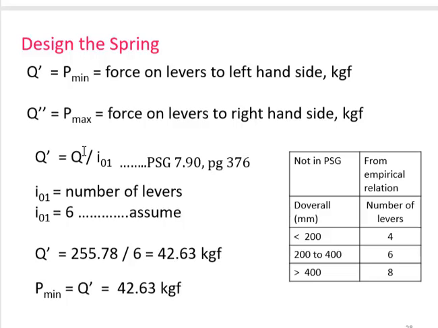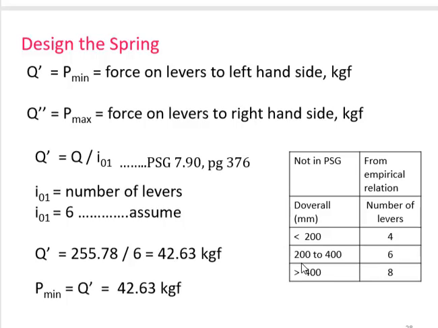Now the maximum force P max is given as Q double dash and the minimum force is given as Q dash, and the formula to find out Q dash depends upon the actual force divided by the number of levers. When you look into this particular table, which is not there in the design data book but has been found out by empirical relation, when your overall diameter is less than 200 mm, you can select the number of levers as 4.